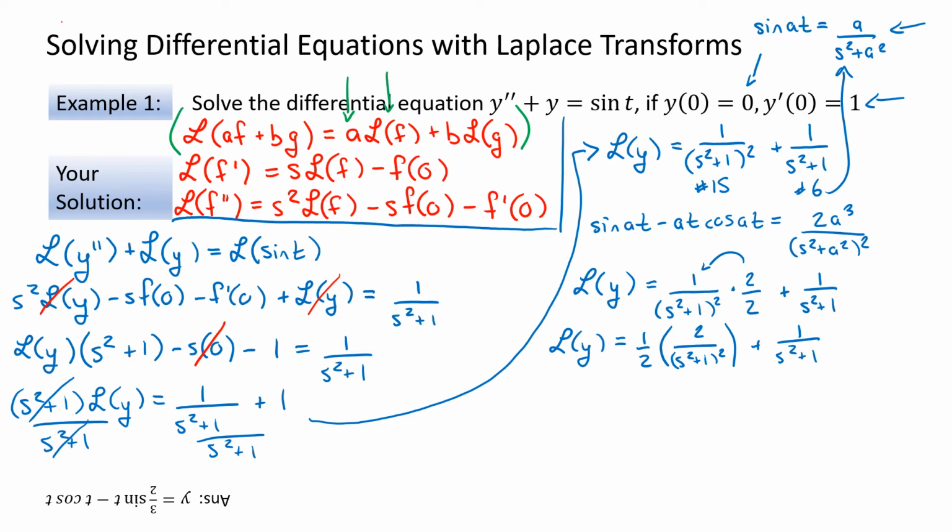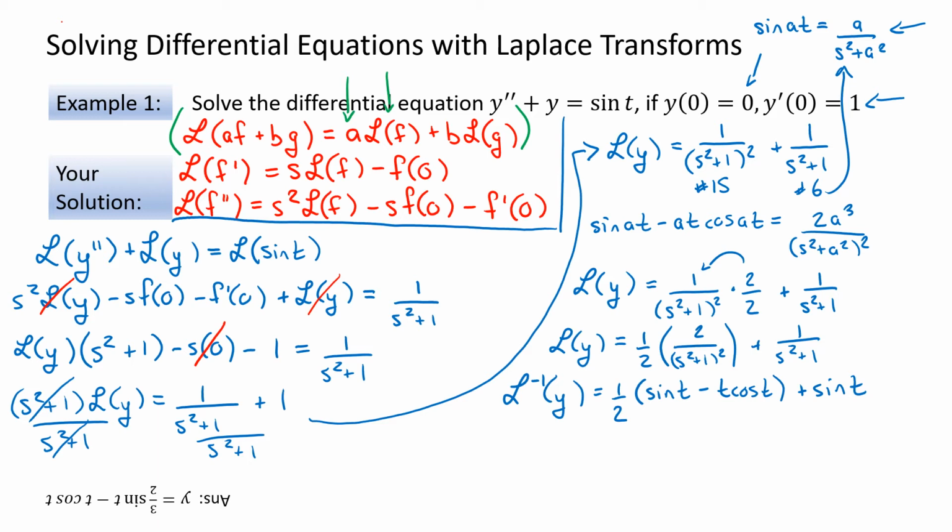So now if we're going to find the inverse Laplace transform, it's equal to 1/2 times the inverse Laplace transform of the first function. Remember we said it was number 15. So sine of at minus at cos of at, which in this case is just sine of t minus t cosine of t, because our a is 1, plus the inverse Laplace transform of our second function, which is just sine of t.